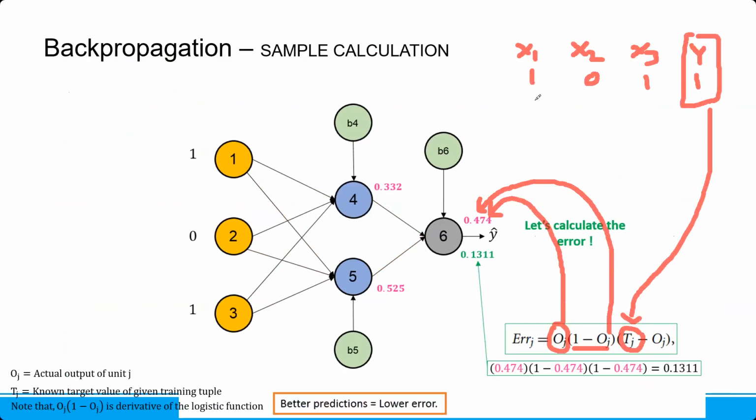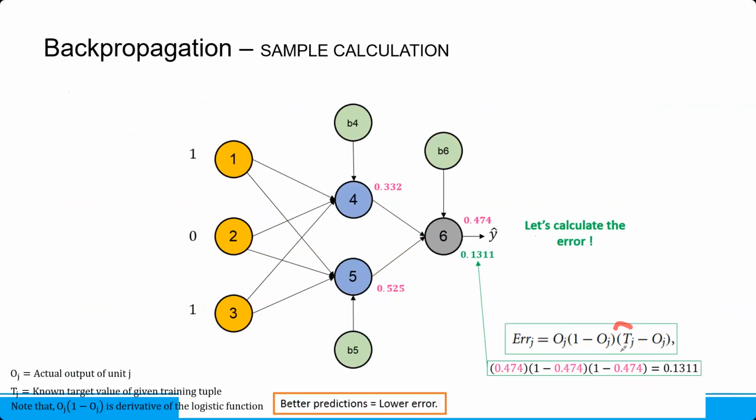Maybe if we have another example, let's say 0, 0, 1, and then the actual is 0. Then with this input, we will consider this as the TJ. So the TJ will be 0. But now let's say this is 1.